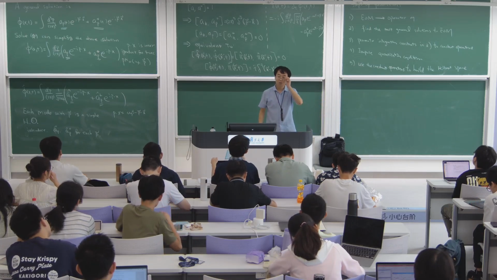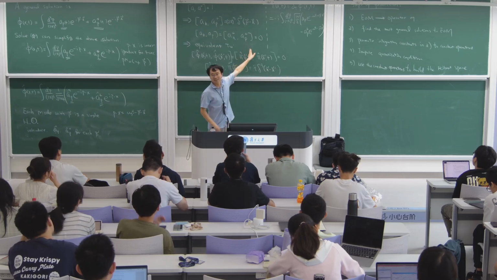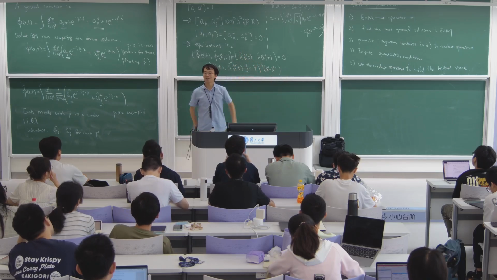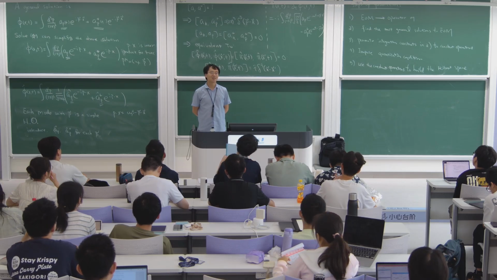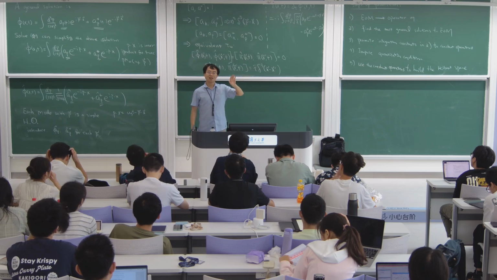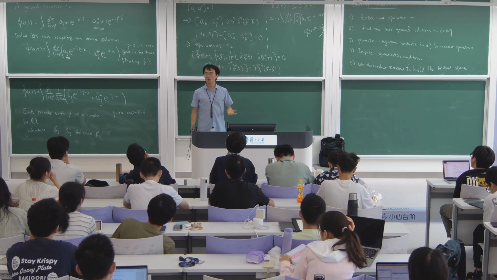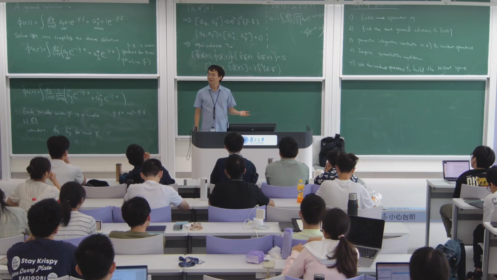In order to build up the Hilbert space, clearly we have to act this A dagger on the vacuum, okay? But the question is, you act this A dagger or AP dagger onto vacuum, you get some state. What's the physical interpretation of that state? It's the question.